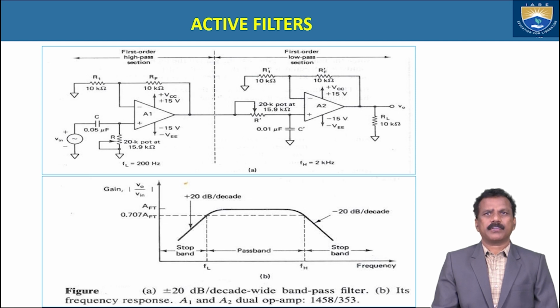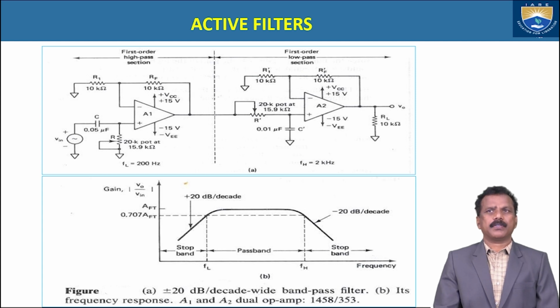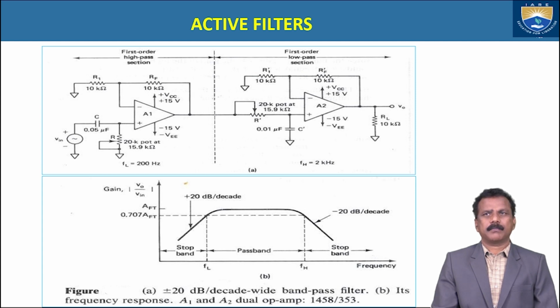The output of the first order high pass filter section is given to the non-inverting terminal of the first order low pass filter. The inverting terminal is connected to R1 dash and RF dash connected with this Vo. We have a load resistor, connected with minus VEE, minus 15 volts, and plus VCC, plus 15 volts.